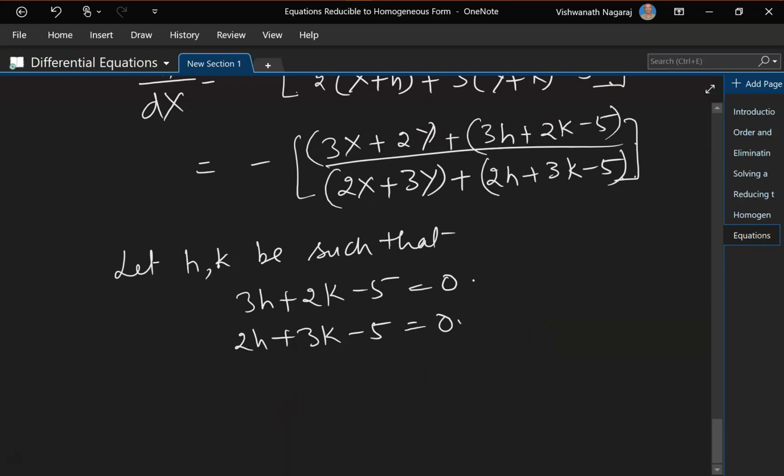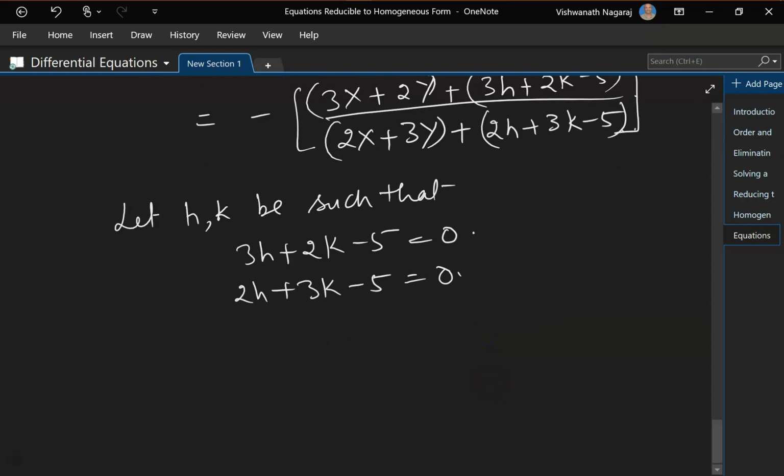Simultaneous linear equations. So let's solve them. h by minus 10 plus 15, minus 10 minus minus 15 is equal to k by minus 10 plus 15 is equal to 1 by 9 minus 4.